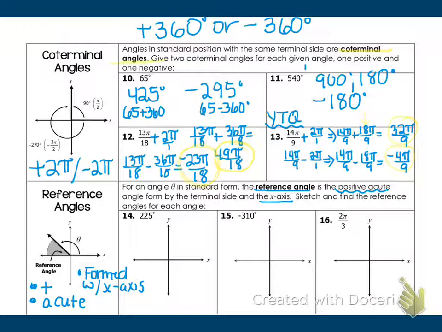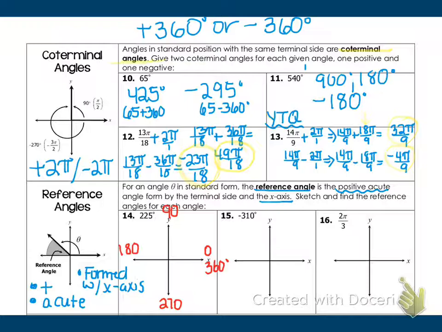We're going to look at some key points in this coordinate plane. When we start off on the x-axis, we're at 0 degrees. Then at the top, it's 90 degrees, then 180 degrees, then go another 90 degrees, that makes 270 degrees, and then back to the x-axis makes 360 degrees.